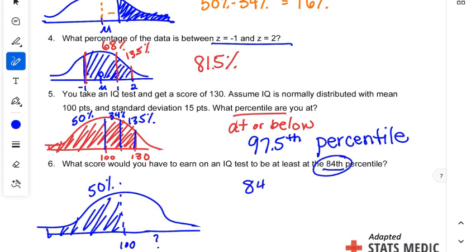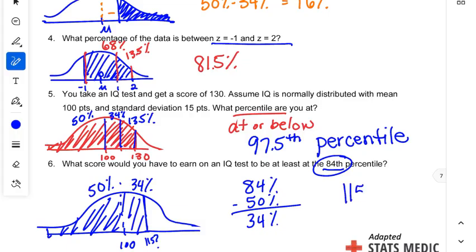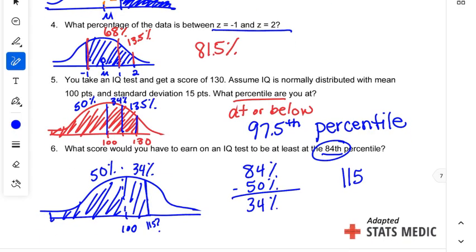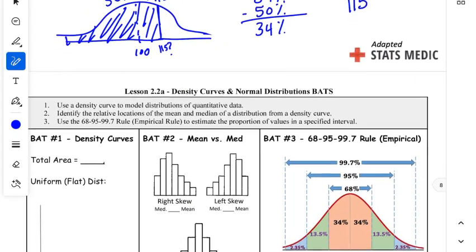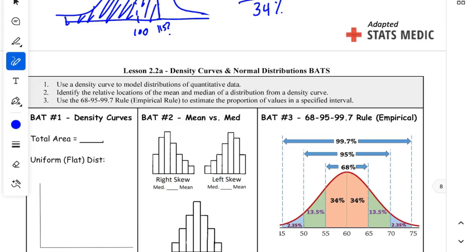So how much more in order to get to 84%? That's 34%. So didn't we just learn that that is one standard deviation? So that's 115. So it'd have to be a score of 115 is at the 84th percentile. Okay, let's go to the next page.